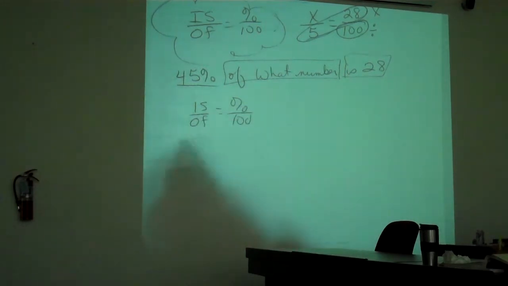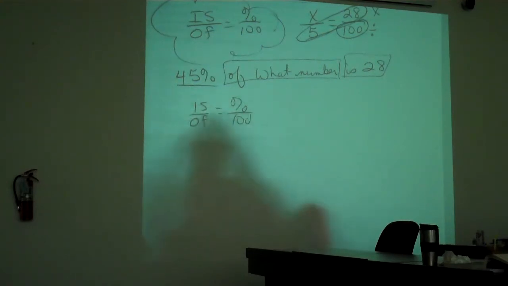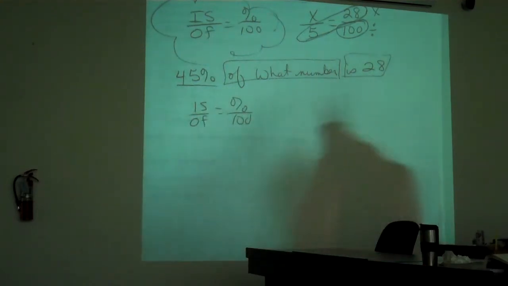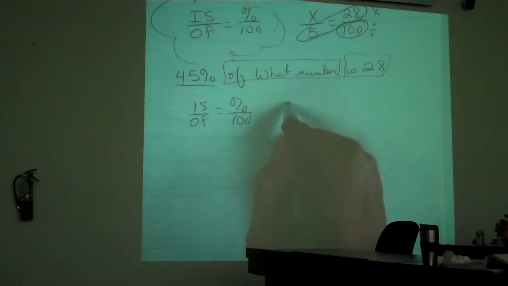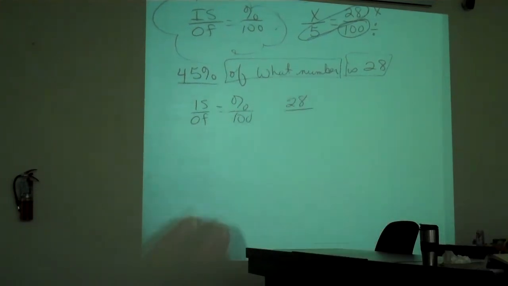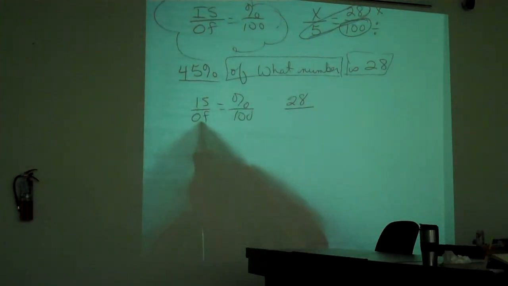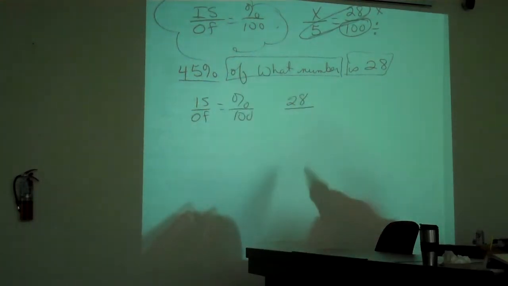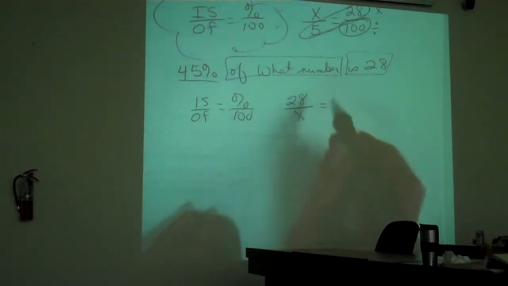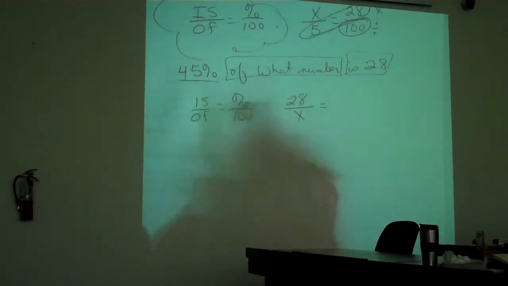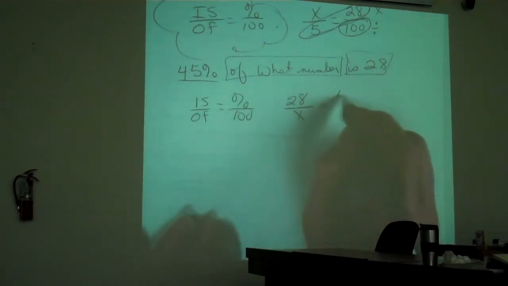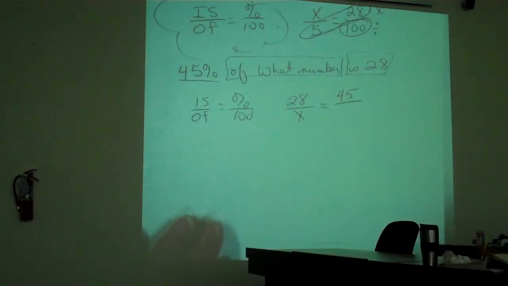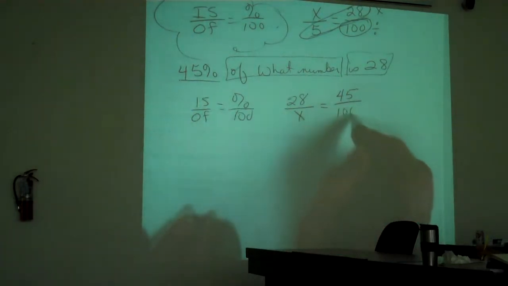You don't have to write this part every time, but you do need to plug the numbers into this part. The is goes on top, so put 28 on top. The of goes under it. You don't know the of, so that's a letter. Put an X here. The percent is 45, so right here you put 45. And the 100 goes down here.